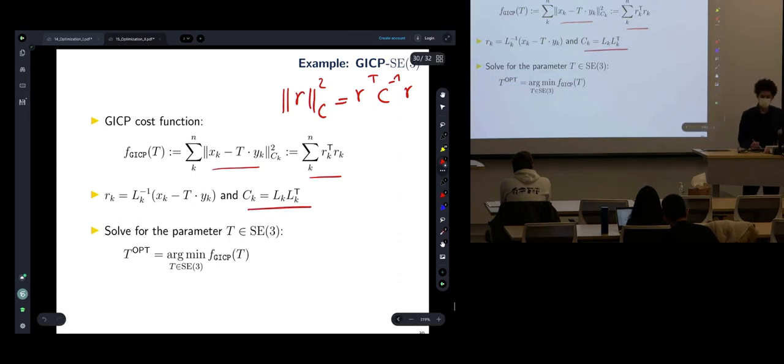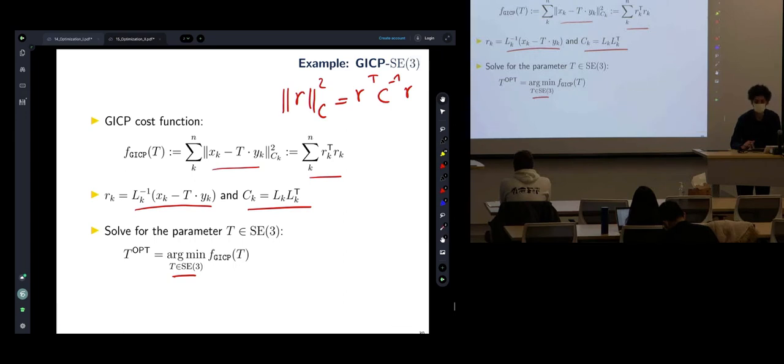when you factorize this covariance weight with Cholesky, you get LL transpose, so the residual has this form. We define this to be R. The goal is to minimize the objective function and find the rigid body transformation.